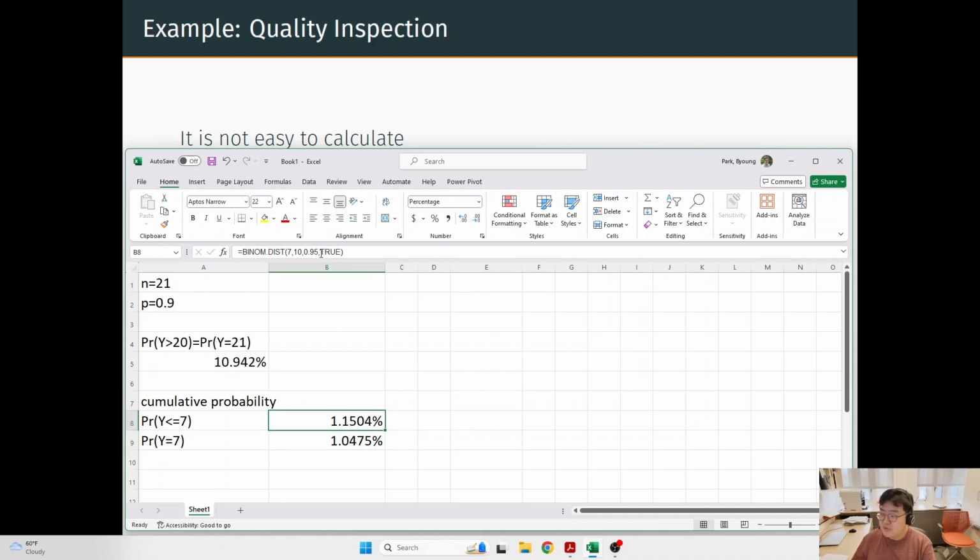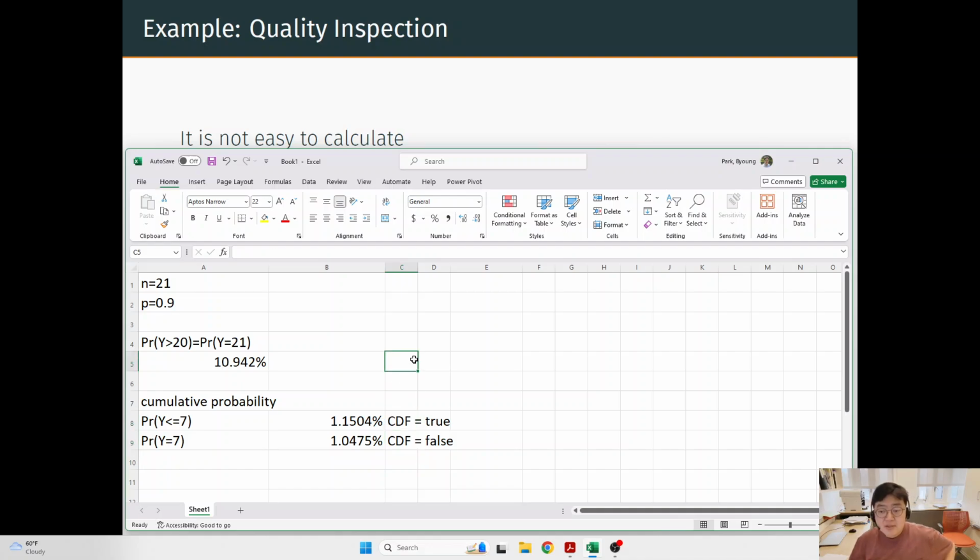But if you input true, then it will return the inequality up to that point, including equality, like smaller than or equal to. So this is CDF true, and this is CDF false. So in the Excel formula, you have to tell which one you are looking for and enter the correct command, true or false.